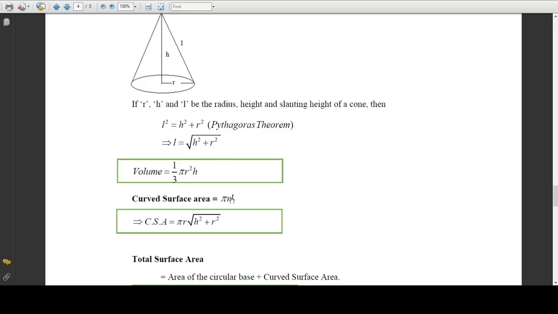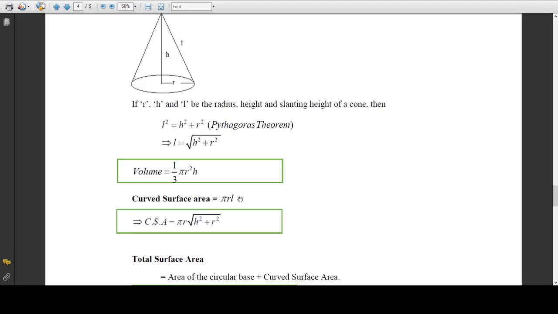Therefore, if L is not given, we can also write the curved surface area to be pi r, and instead of L, we can substitute root over of h square plus r square. It is the same thing. If the length of slanting height is given, then no need to go for this. Just use the formula pi r l to get the curved surface area.